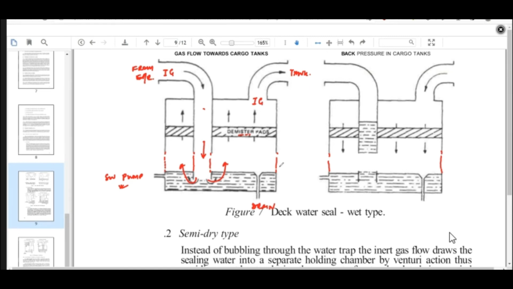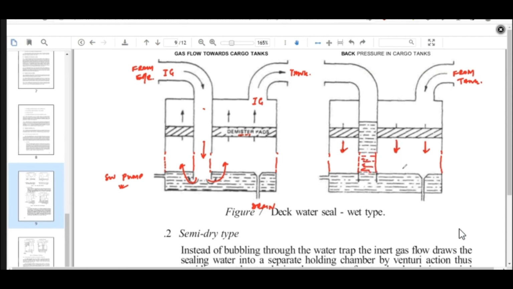Now the question is, when IG is not flowing and there is high pressure in the tank, then what happens? The tank pressure comes in through the demister here, from the tank. Obviously, this is all enclosed and this is all liquid here.